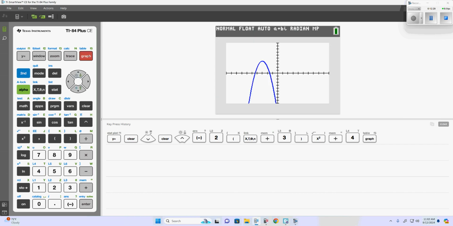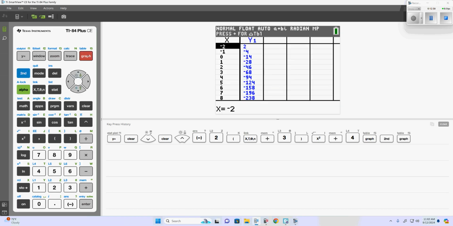Graph. There's the graph, and that looks about what we had graphed, yes? Okay. X, Y values, let's see. Second table. -3, 4 was our vertex. And we do have that there, yes?